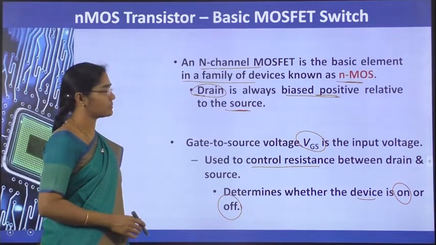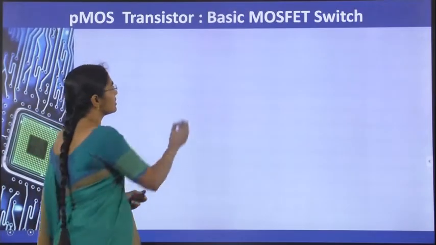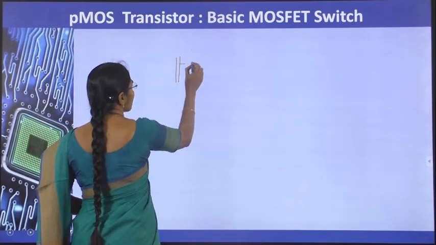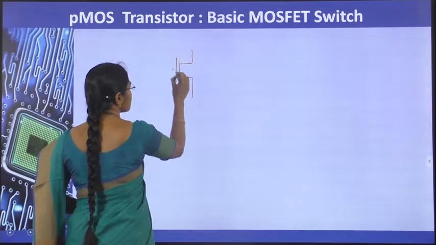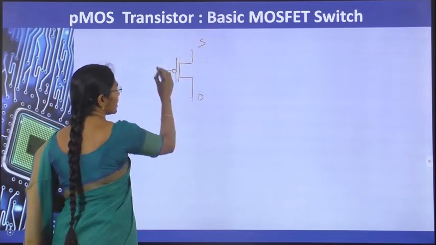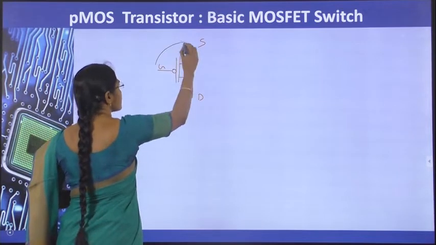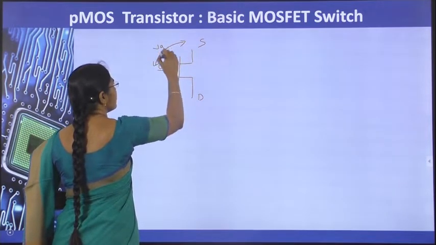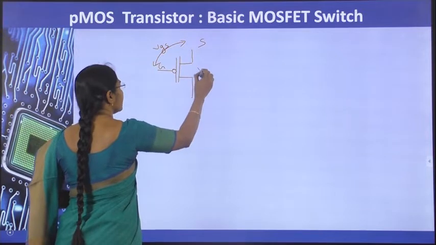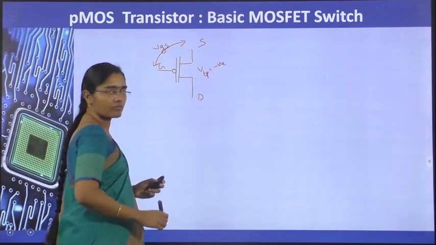Next, PMOS is also used as a switch. So PMOS is complementary to the NMOS. Its representation shows the source, drain and gate. For the VGS, VTP is some negative potential.